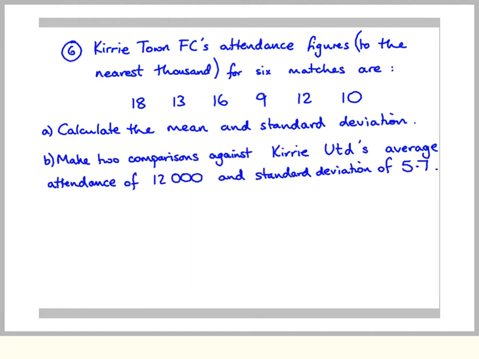Now the second part of the question is a fairly standard one as well. Two comparisons against a different set of data. So Kira United's average attendance was 12,000, standard deviation of 5.7. Now, the main thing you say, you are comparing that one and that one, mean and standard deviation. So, first one.